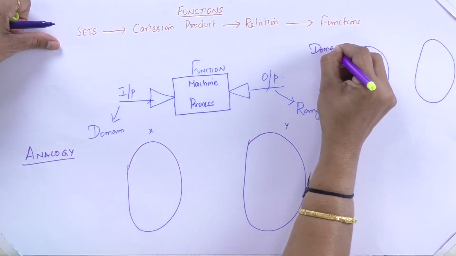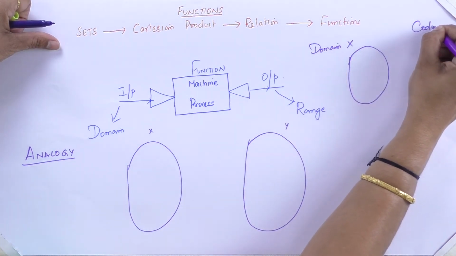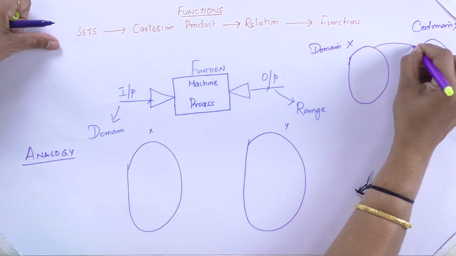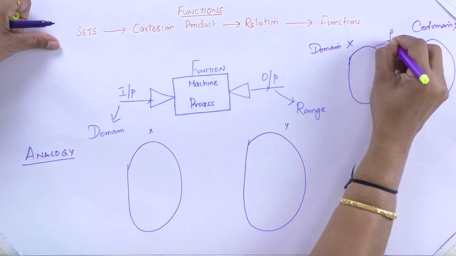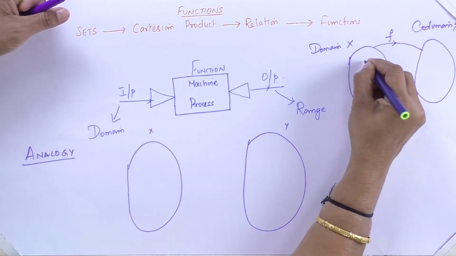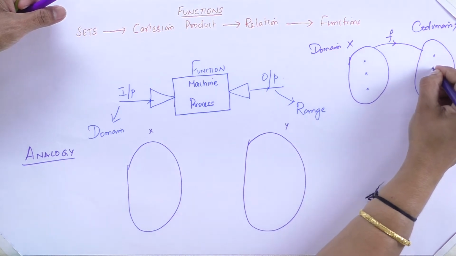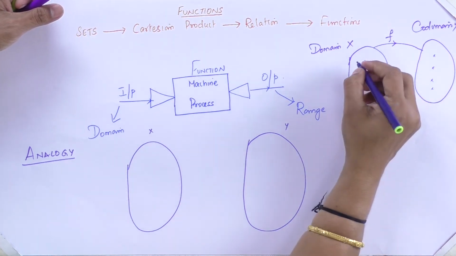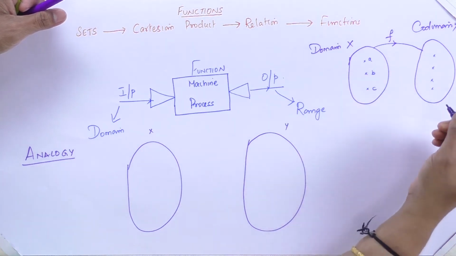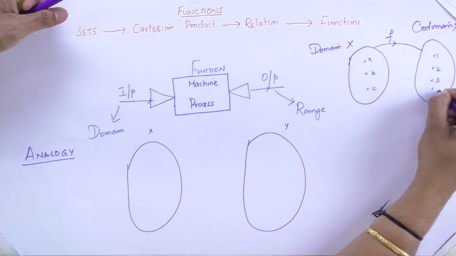This is the domain set X and this is the codomain set Y, right? Now we'll have a function, which means that here I may have values, and I may have values here also, in the codomain set. Let these values be a, b, c, and let this be 1, 2, 3, 4.